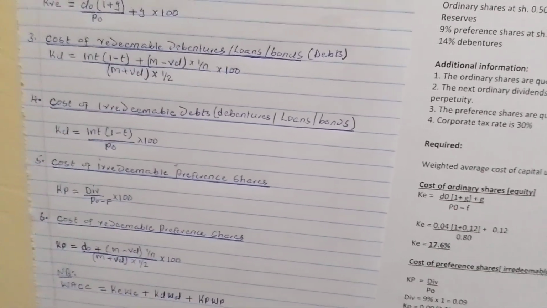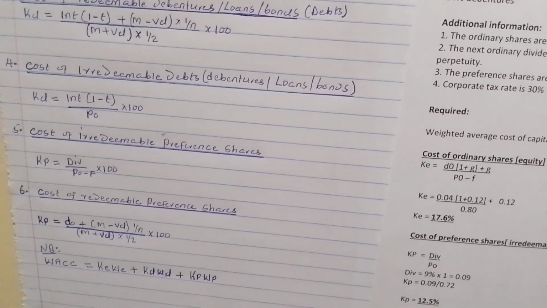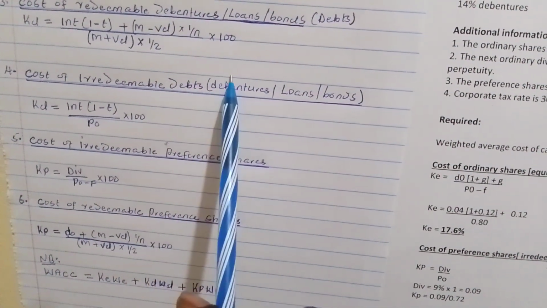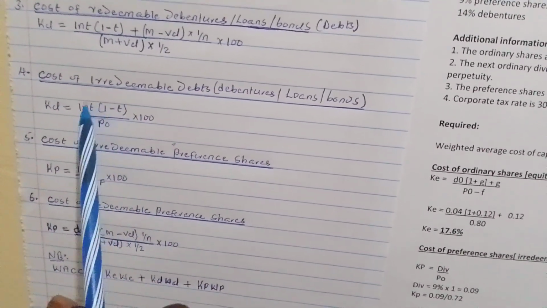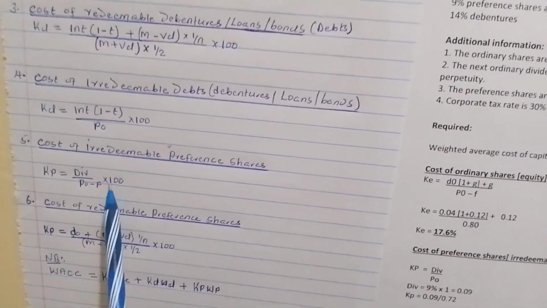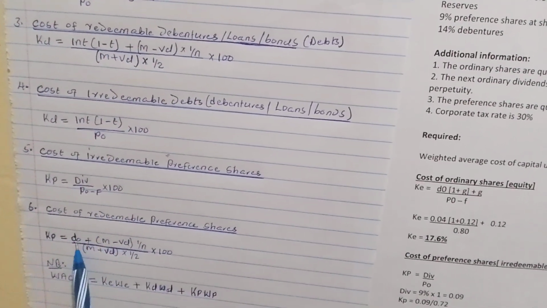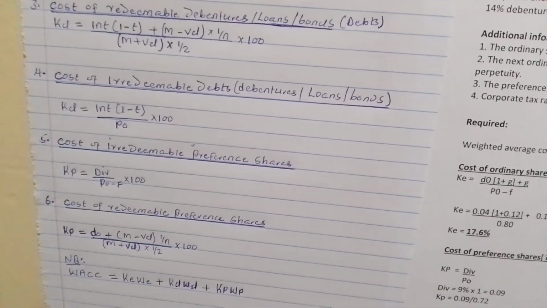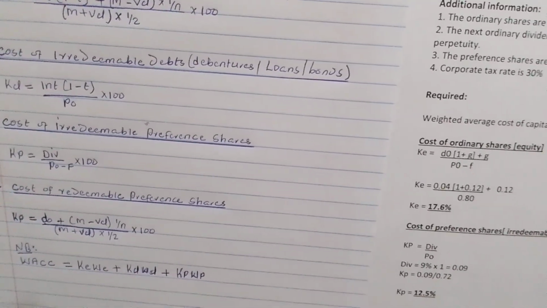If those preference shares you have been told that they are redeemable, then it's just like cost of redeemable debts in terms of the formula, only that where there is interest, you replace interest with dividends. Remember, you cannot multiply by 1 minus t, because dividend is not an expense in a business.